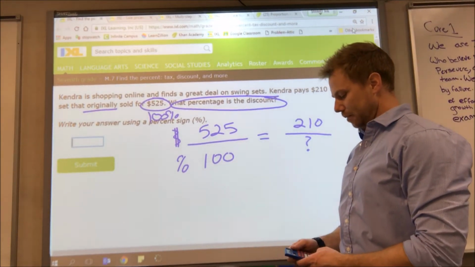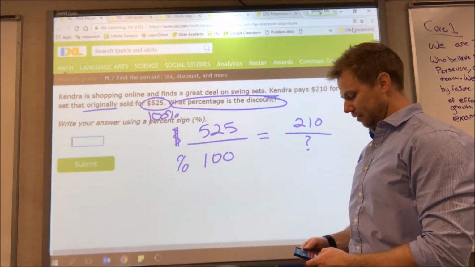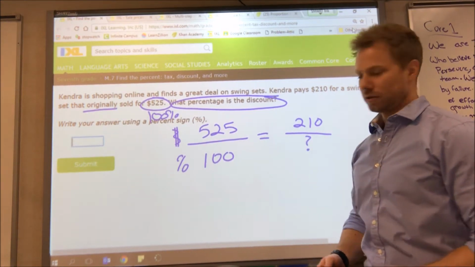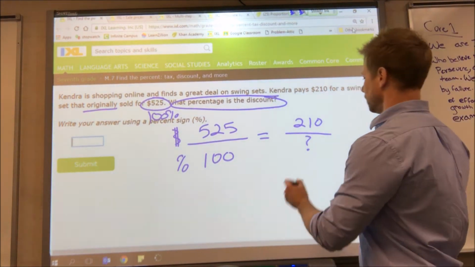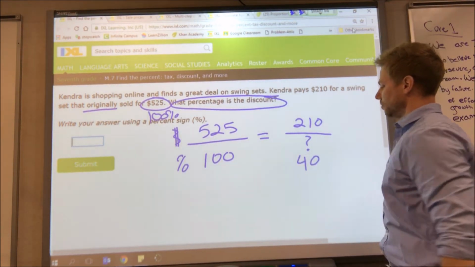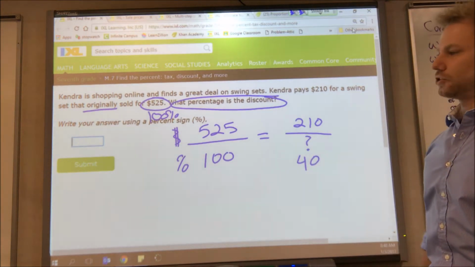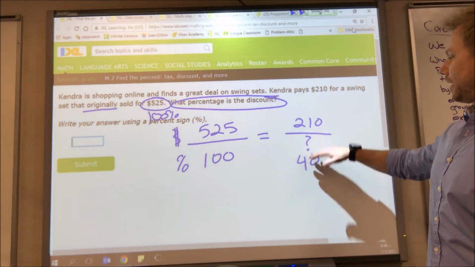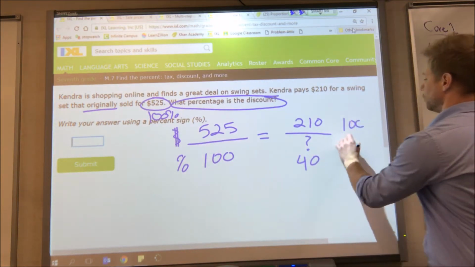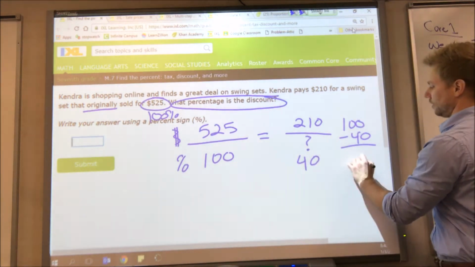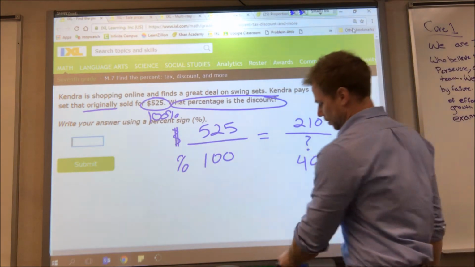And then divide by 525. You can use a calculator for that. This turns out to be 40%. So she paid actually 40%. How much was the discount? We have to do 100 minus 40, which is 60. So her discount was actually 60%.